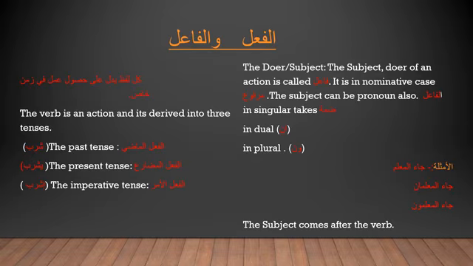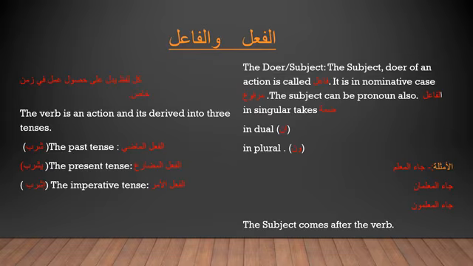Example: yashrabu, tashrabu, nashrabu, ashrabu. So al-fi'l al-mudari' begins with these four letters. And fi'l al-amr: ishrab, you drink. Il'ab, la'iba, il'ab. ذهب، اذهب. نصر، unsur. These are fi'l al-amr.